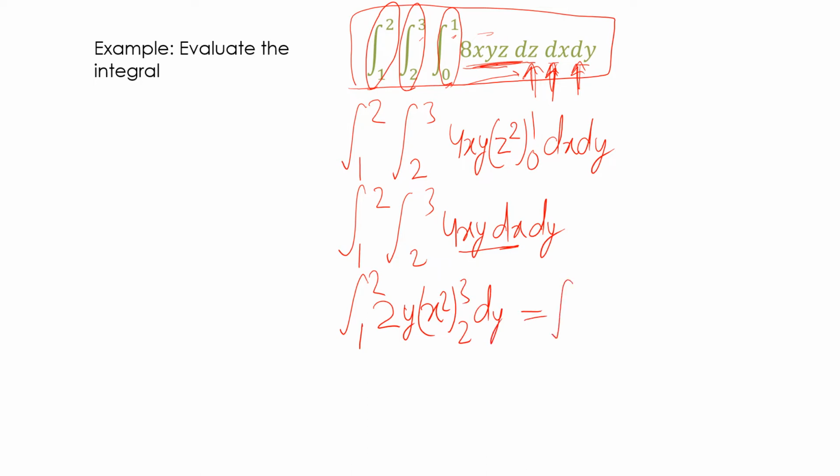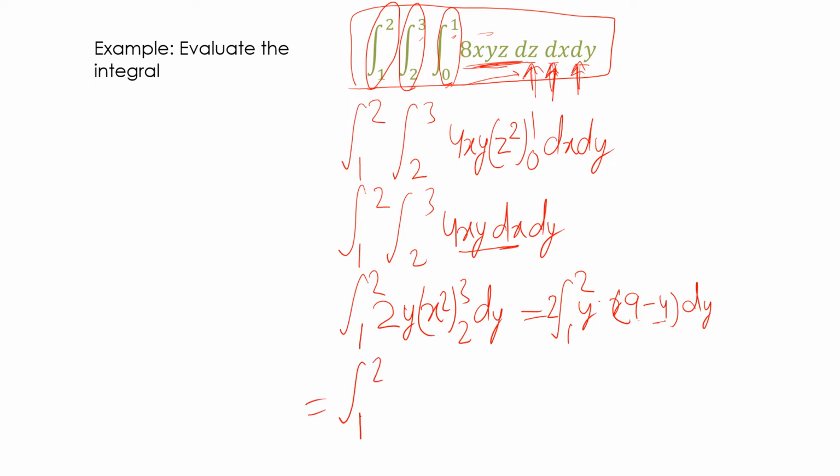So we get 1 to 2, 2y, and apply the limit x square, that is 9 minus 4 dy.